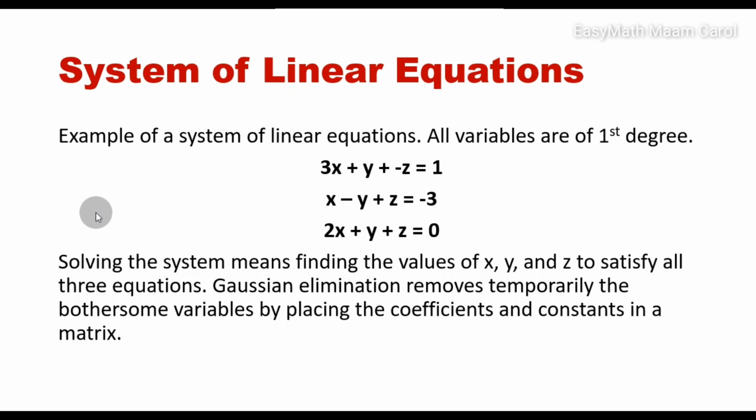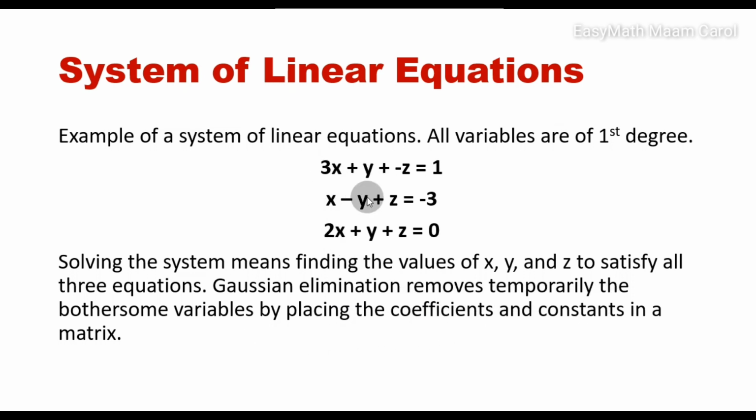Na kapag nakuha natin yung value ng x, y, and z, ipinalit natin dito, laging equal ang lalabas dito sa tatlong equation na to. So, ang Gaussian elimination is a process or a procedure that removes temporarily the variables.